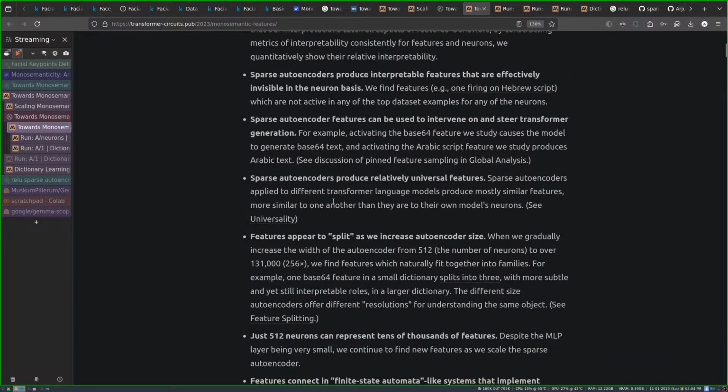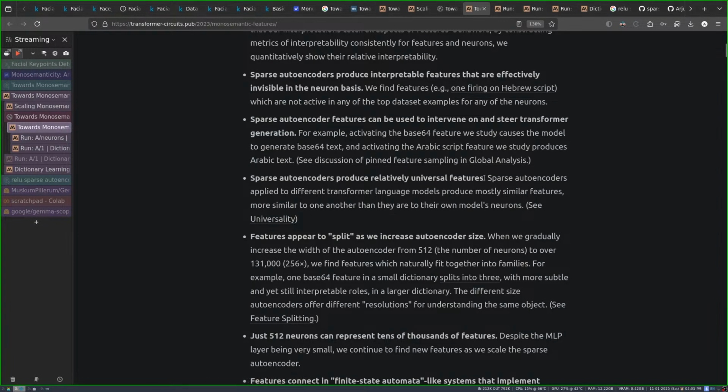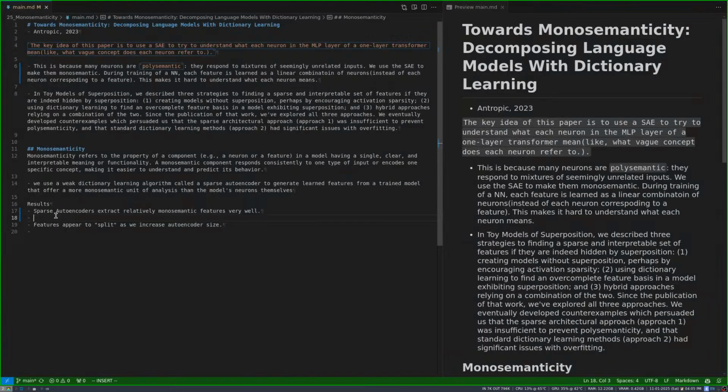Okay, cool. Sparse autoencoders produce universal features. This is kind of interesting, right? Sparse autoencoders extract largely monosemantic features very well. We can also add that they extract universal features.